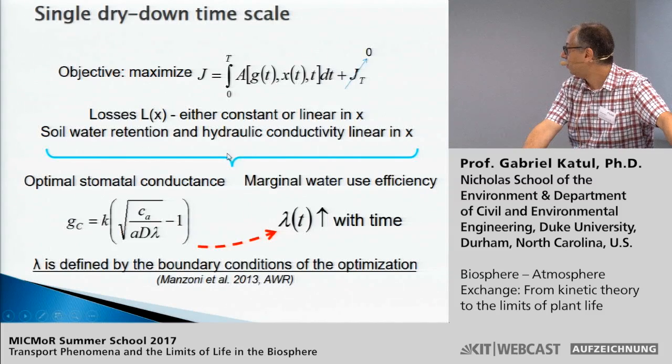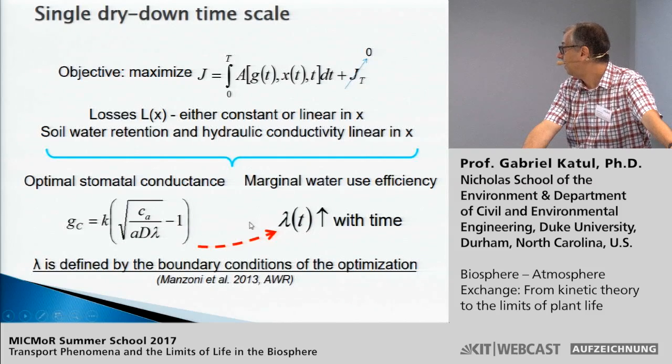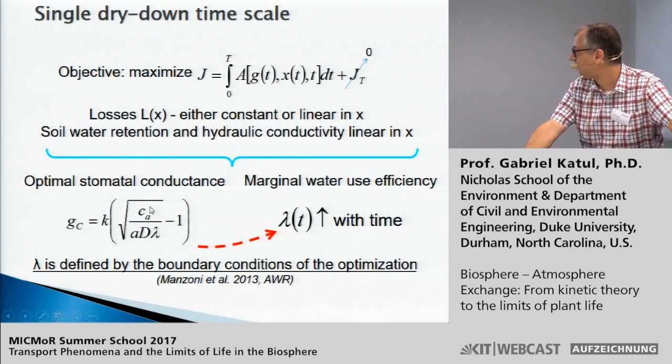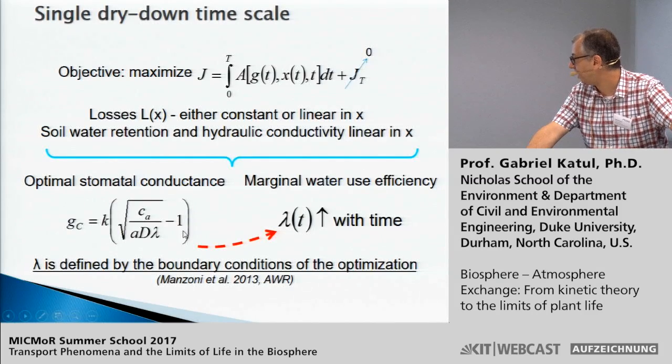But if you allow soil moisture content to vary gradually, you discover that the marginal water use efficiency must go up in time. So the cost of water becomes more and more, or water becomes more and more valuable as the dry down progresses. That can be predicted. But the canonical features of the stomatal conductance vapor pressure deficit relation does not change.